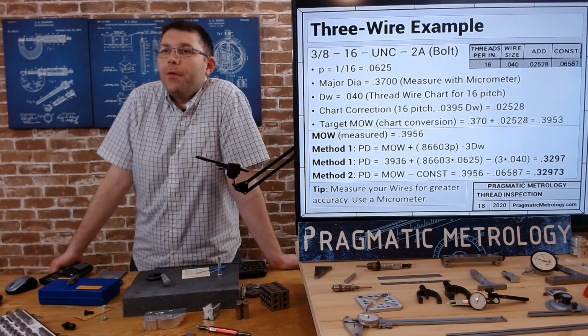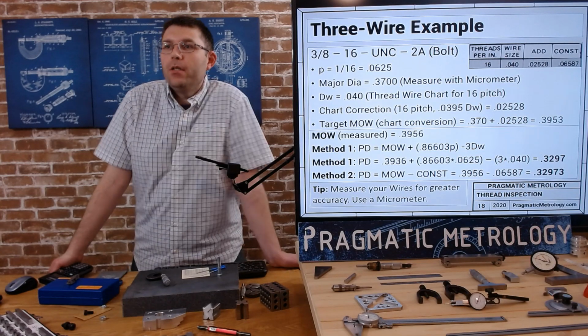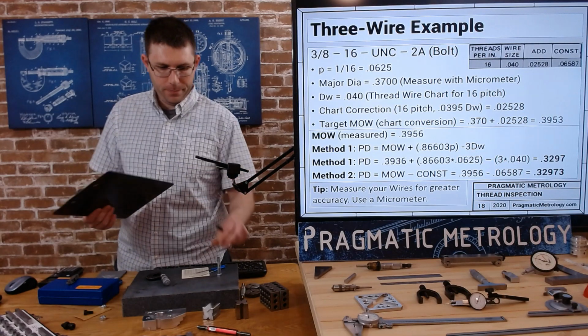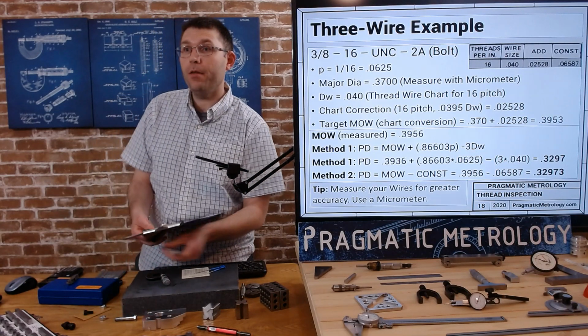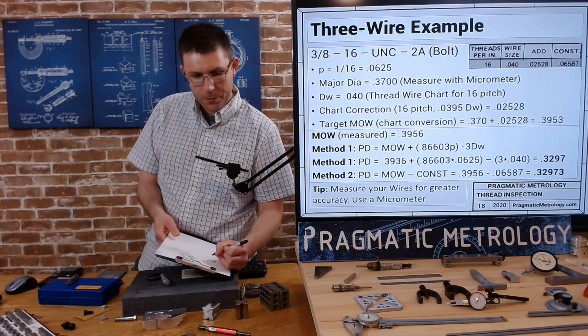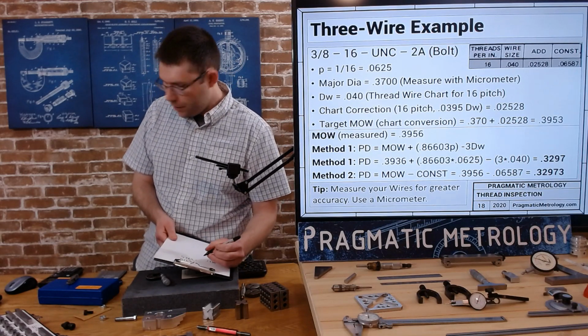We could do it the other way. Pitch diameter equals the measurement over the wire minus the constant. So let me write down what we just got with method 1. With method 1, my mathematical formula ended up being 0.3266.